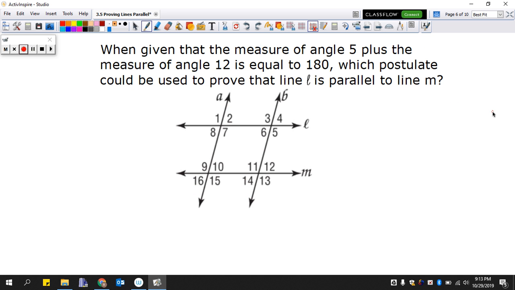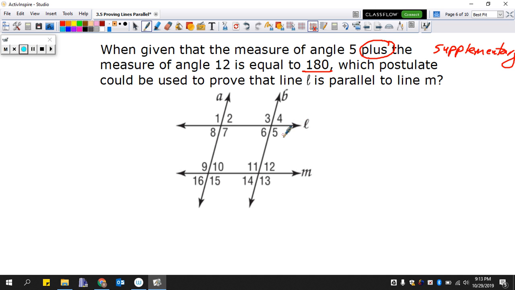When given that the measure of angle 5 plus the measure of angle 12 is equal to 180, we know that means they're supplementary. If they're supplementary, we suspect we're talking about consecutive interior angles.